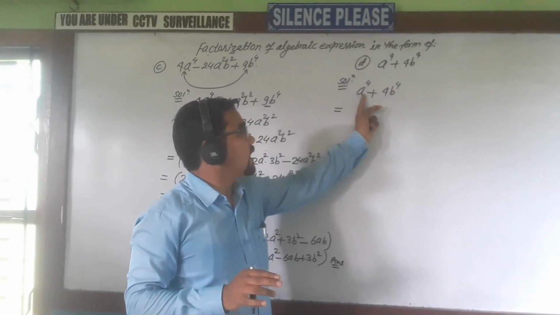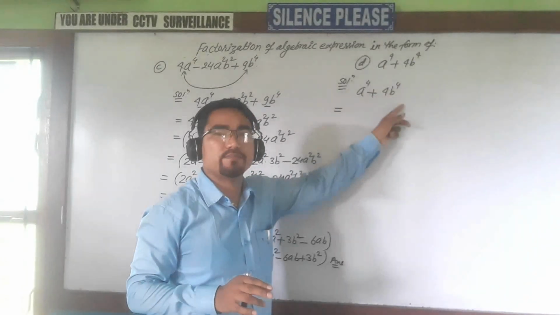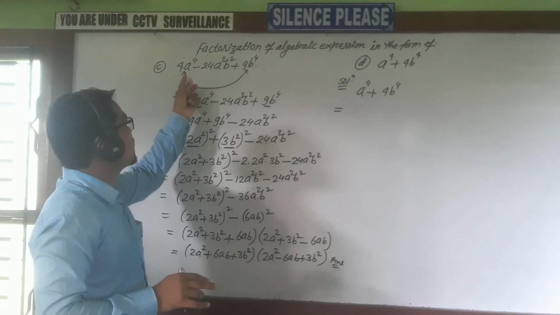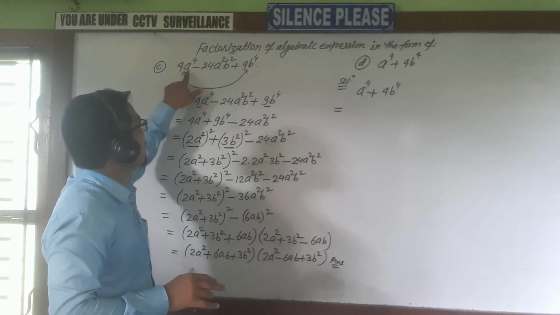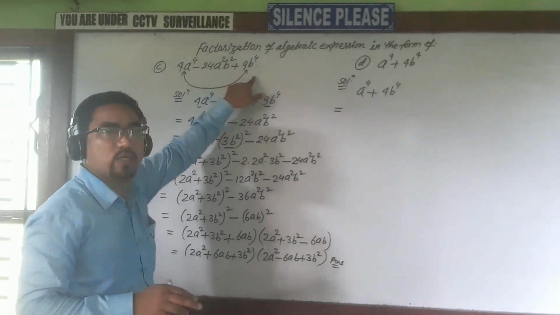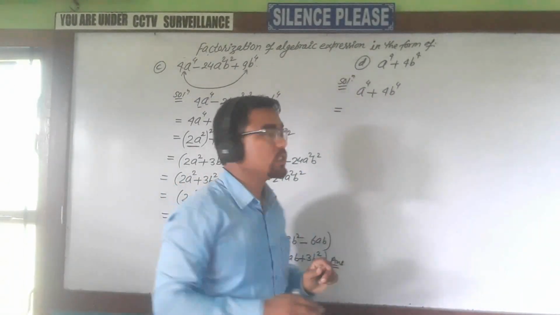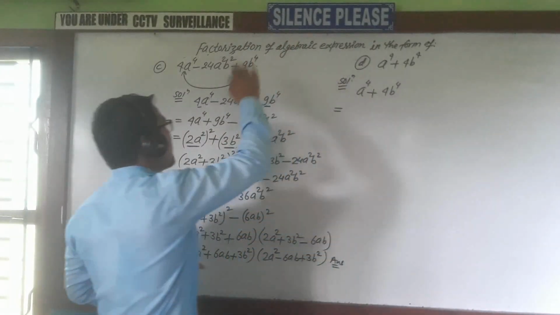Only two terms are here. In previous questions we did the factorization of algebraic expressions having three terms. But now here, two terms only we have. So we have to do this question also in the same procedure.